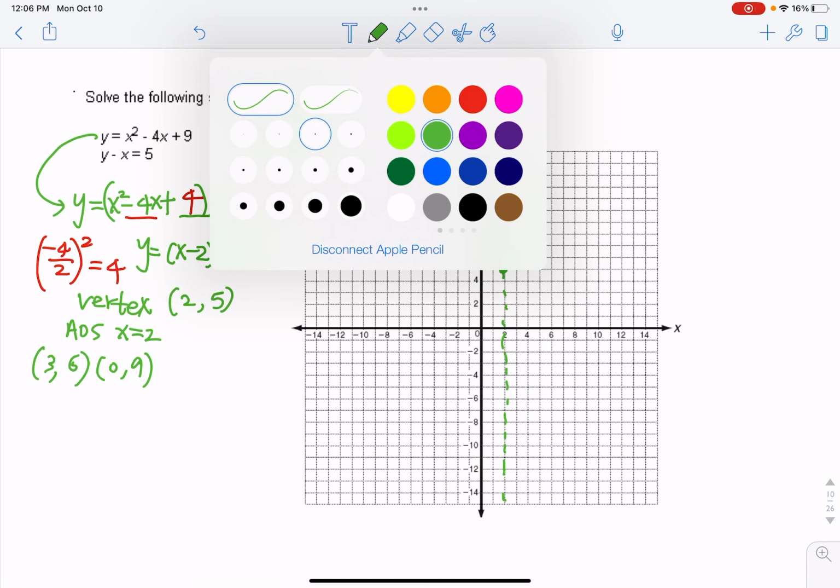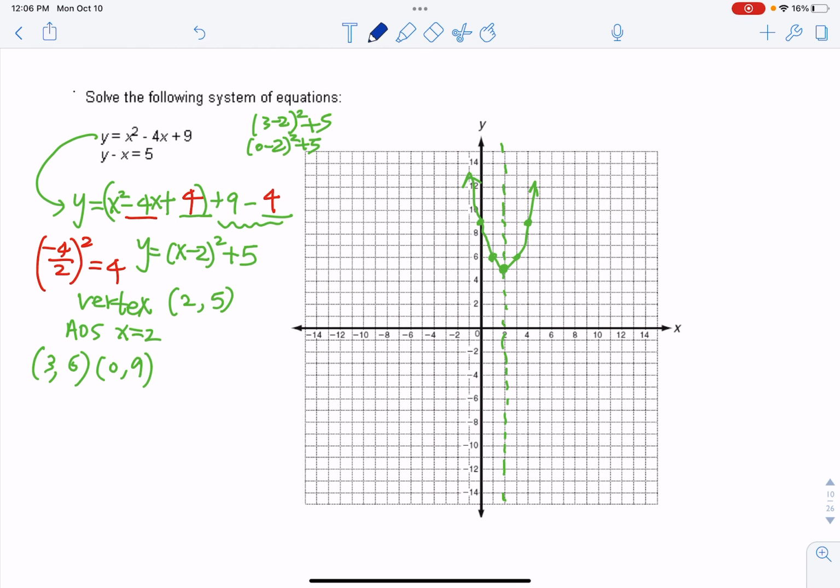And then we can graph it with the linear function here. For slope-intercept form, you add x on both sides, y equals x plus 5. This one has a slope of 1 and a y-intercept of 5. So start at the y-intercept 5, with slope 1, which means 1 up, 1 to the right, 1 up, 1 to the right, like that.